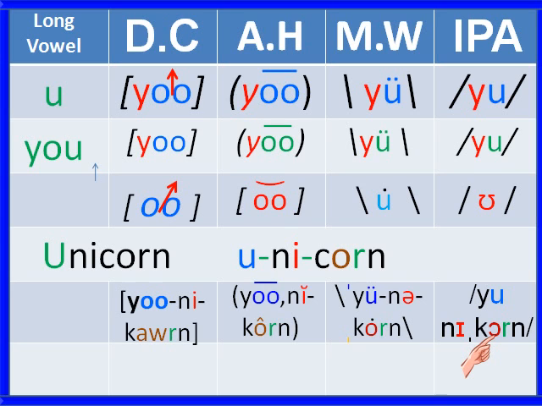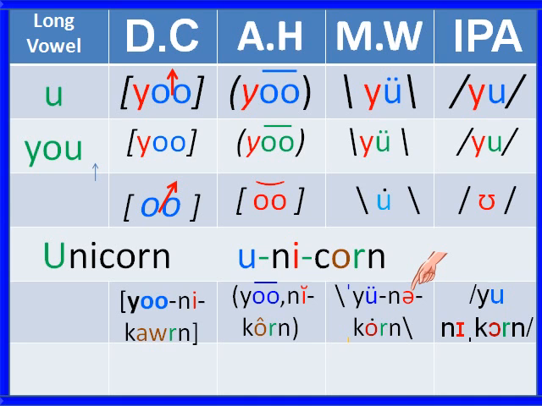One more thing I want to point out: in the unicorn, with DC, American Heritage and the IPA, that I says short I. But with Merriam-Webster, that I says a different sound, so Merriam-Webster pronounces it differently from the other three.